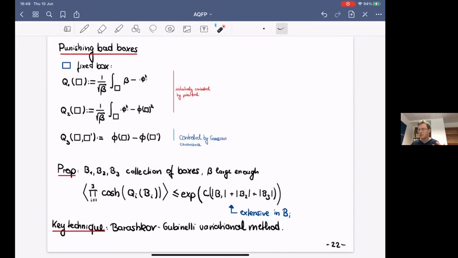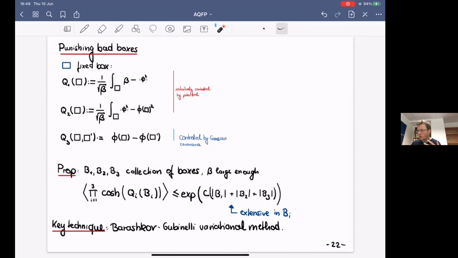In the two-dimensional case you could use a relatively soft technique, the Nelson trick. Getting such estimates using RG or phase field bounds seems, I'm speculating a bit, to be much harder.